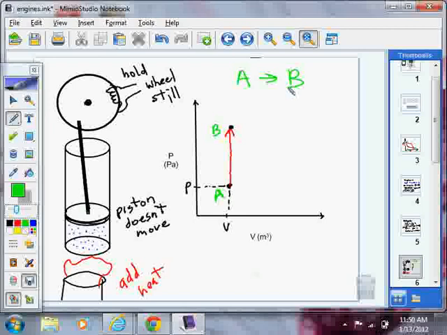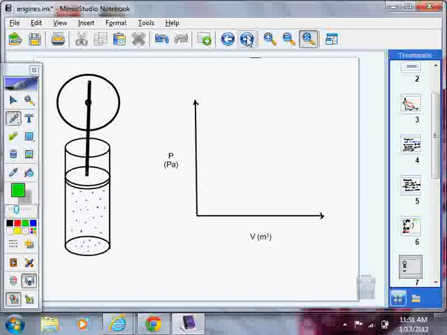And then we look at the next thermal process. And during the next thermal process, we're just going to let the wheel go. And when we let the wheel go, that heated up gas that has so much pressure is just going to push upward. So we can go to our next picture here.